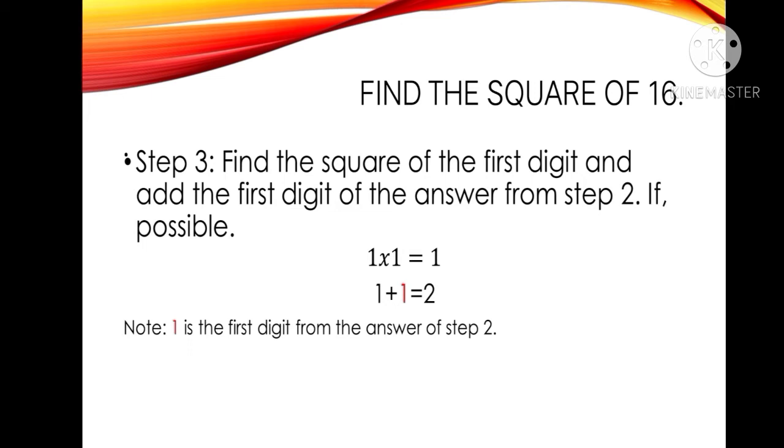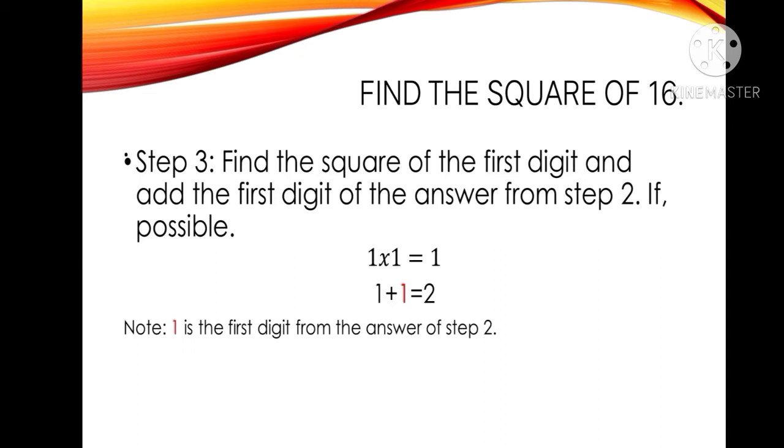Okay, so we have 1 times 1 is equal to 1. Since 1 is the first digit, 1 times 1 is equal to 1. And then 1 plus 1, so 1 is the first digit from the answer of step 2. Kanina meron tayong 15, so ang first digit ng 15 ay 1, so we are going to add it to the answer from step 3.